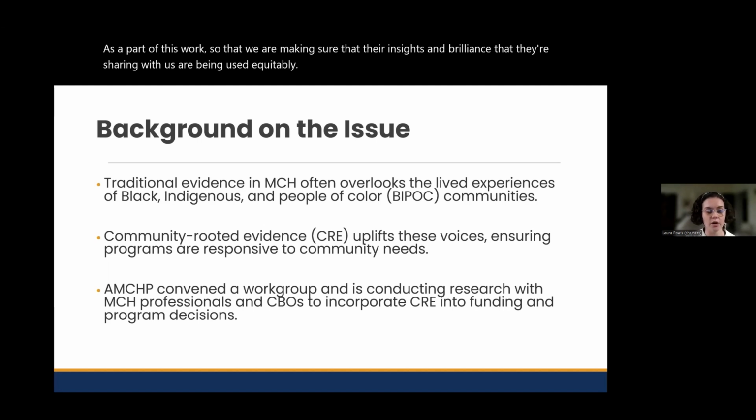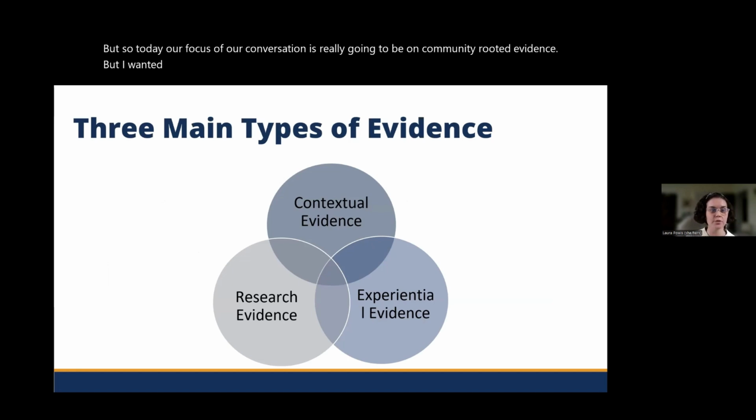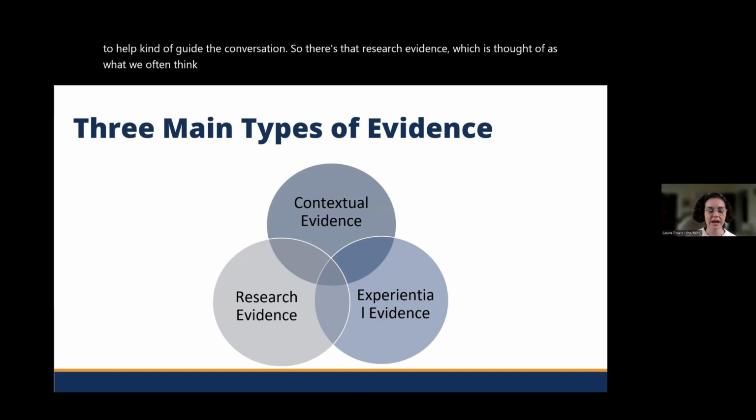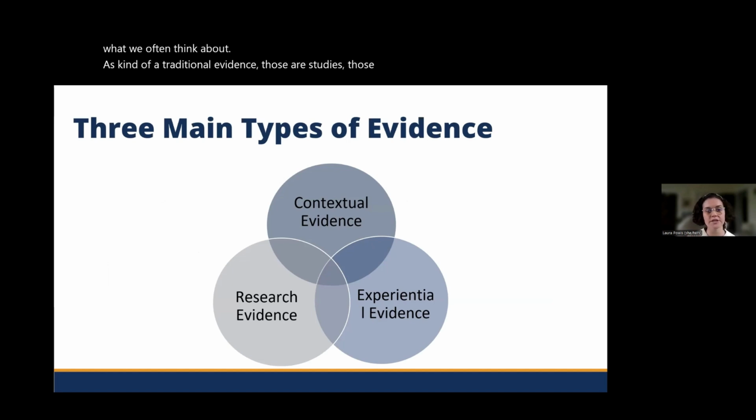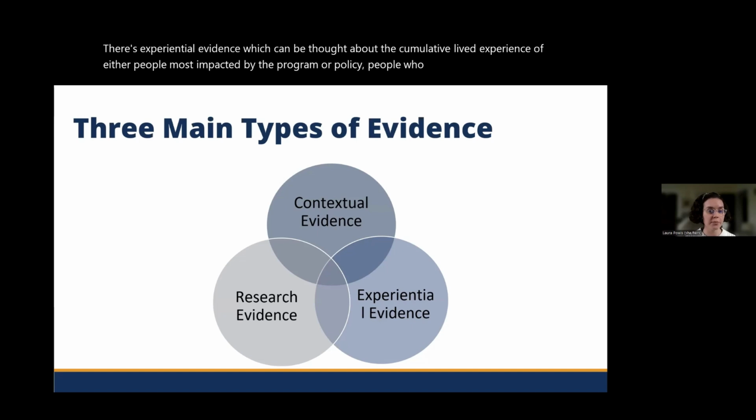But today, the focus of our conversation is going to be on community-rooted evidence, but I wanted to quickly do a refresher on the different types of evidence that exist as a way to help guide the conversation. There's research evidence, which is what we often think about as the traditional evidence. Those are studies, those are longitudinal reports. There's experiential evidence, which can be thought of as the cumulative lived experience of either people most impacted by the program or policy, or people who are responsible for implementing the program or policy.